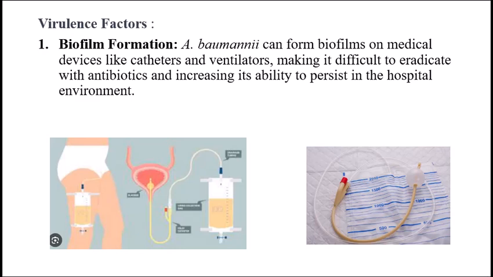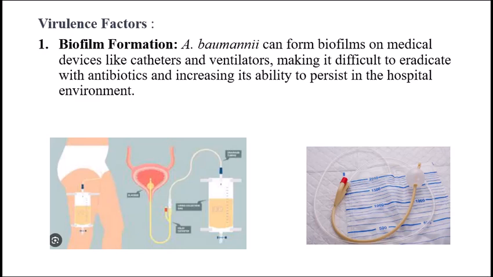The image you see in the figure in this slide shows catheters connected to urine bags. These devices stay inside the body for a long period, giving bacteria the perfect place to stick and grow. Why is this important? Because when Acinetobacter baumannii forms a biofilm, antibiotics cannot easily reach the bacteria because the biofilm acts like a helmet.